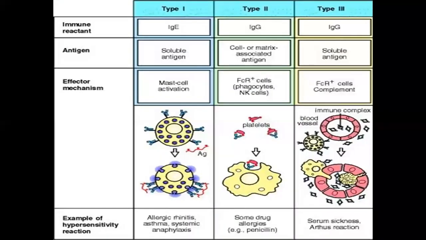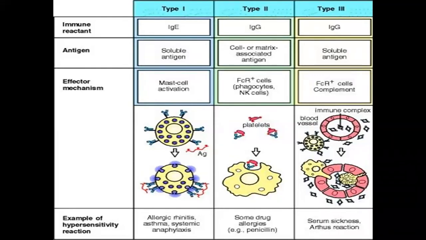So this is the summary of type 1, 2, and 3. See, IgE is involved in 1, IgG is involved in 2 and 3. Antigen is a soluble antigen in case of 1; in case of 2, a cell or matrix associated antigen, that means the antigen is present on the surface of a cell. And in case of 3, it is a soluble antigen.